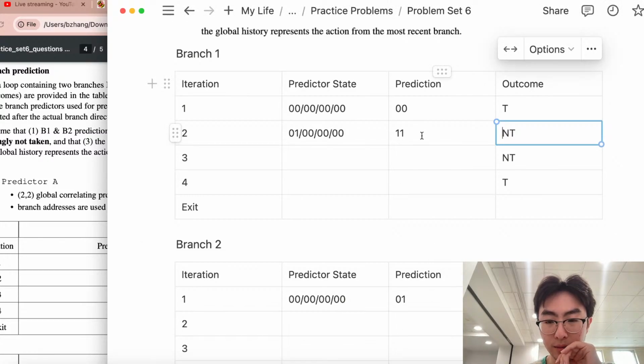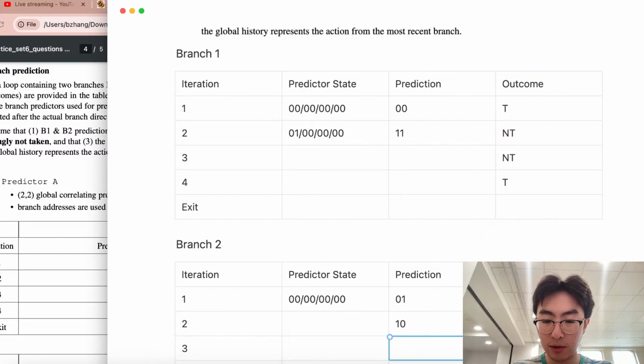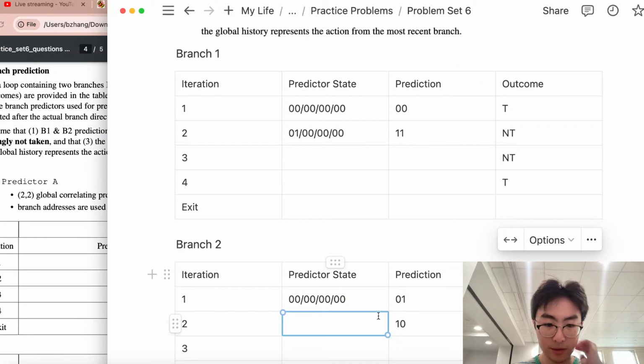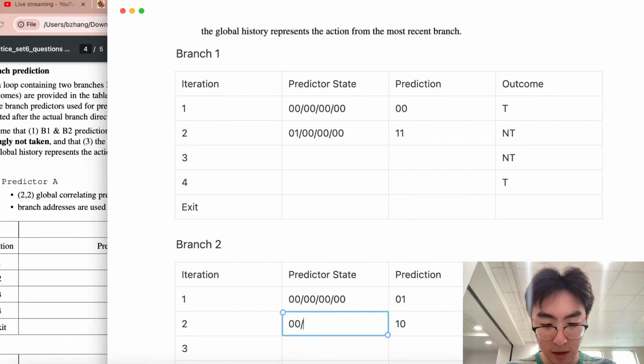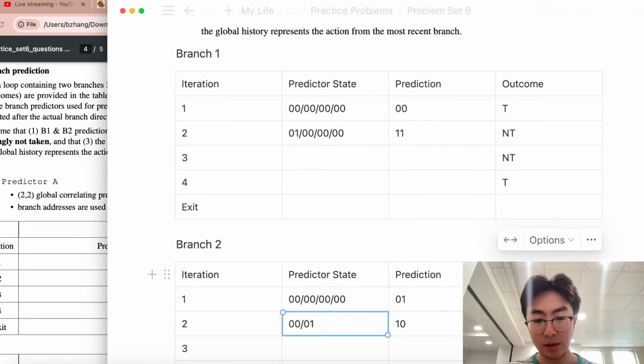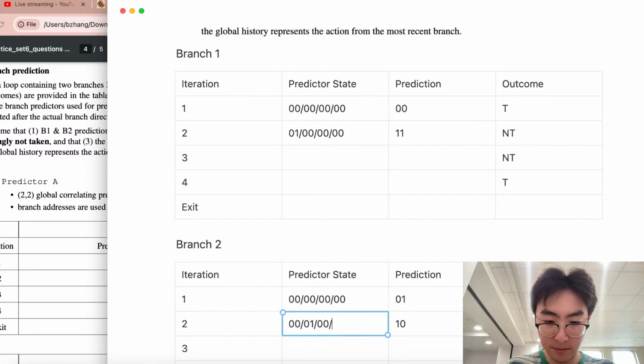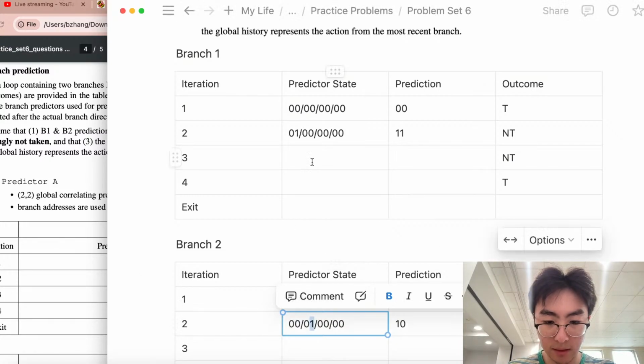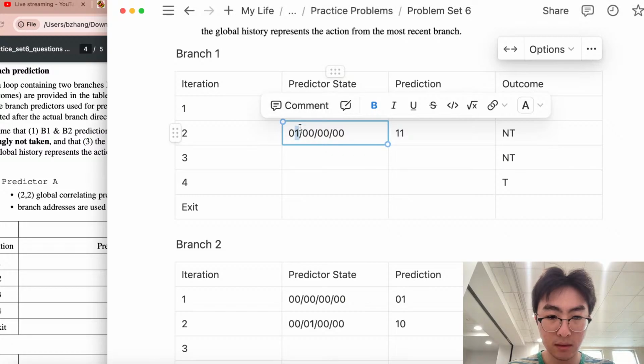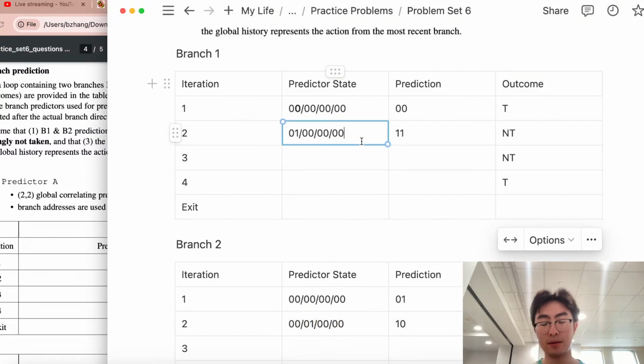Okay, so this means our new global correlator is 1, 0, but our predictor state we have to get from the previous iteration, and so in this case we index our predictor state by 0, 1, which is just 1, and then we flip the rightmost bit to 1 to get taken. Actually, yeah, I won't do that.